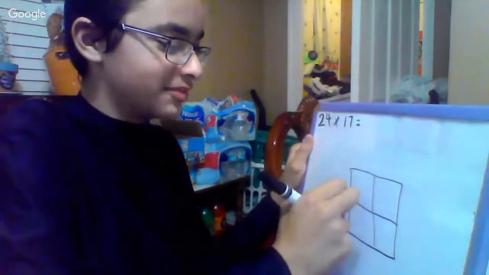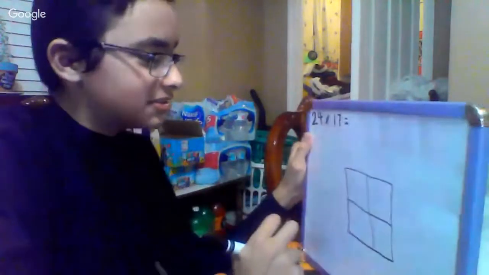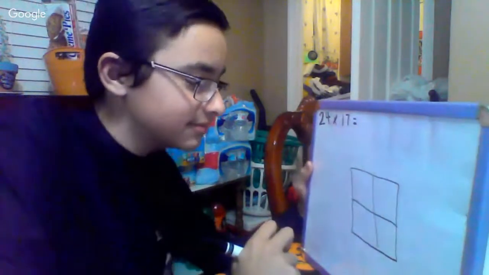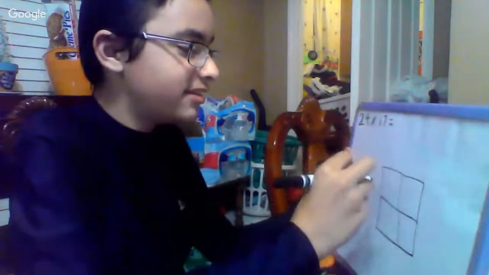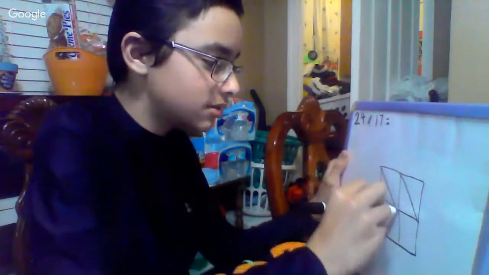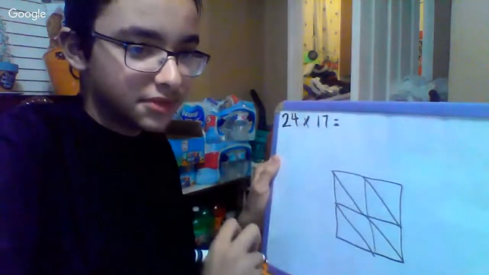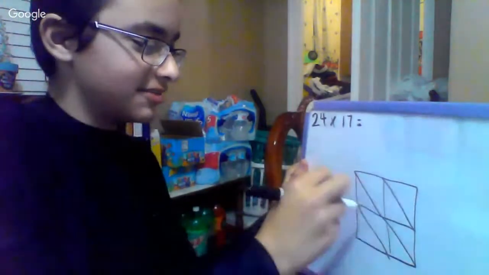That's a very amateur grid, but whatever. It's fine. Then you split all the boxes diagonally. Turn it this way a little bit so they can see. And I've only just realized that this is backwards.